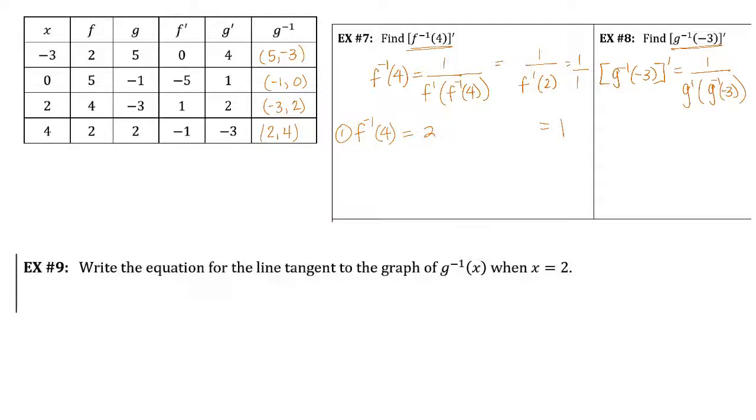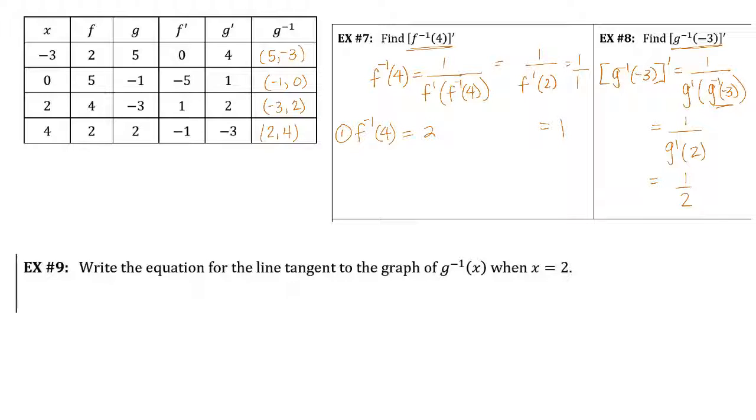And now we need to go through looking at our chart. And so we see that g inverse of -3 is going to be, let's see, it looks like it's going to be 2. And then we need g prime at 2. And g prime at 2 is 2. So I have an answer of 1/2.